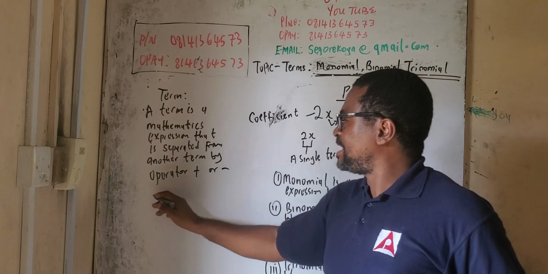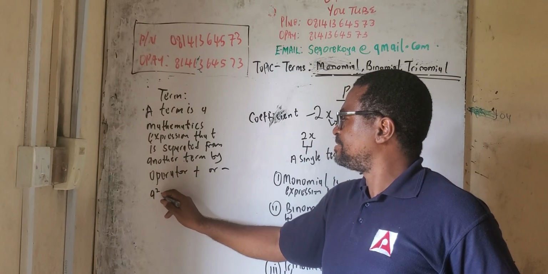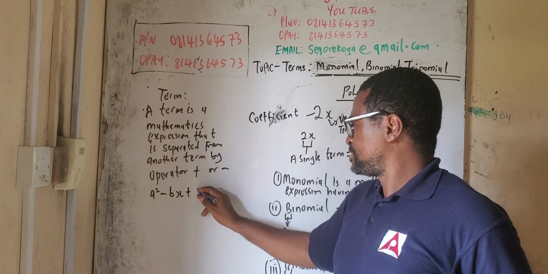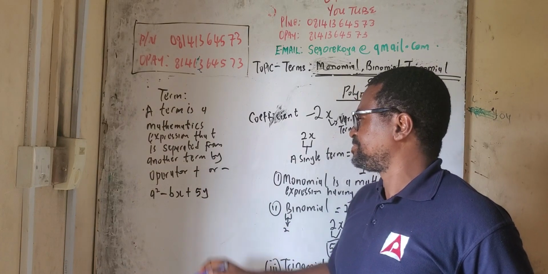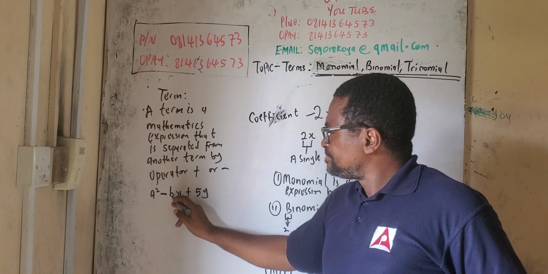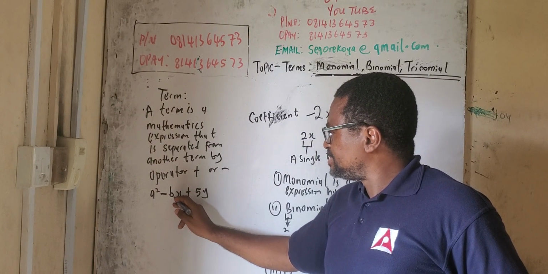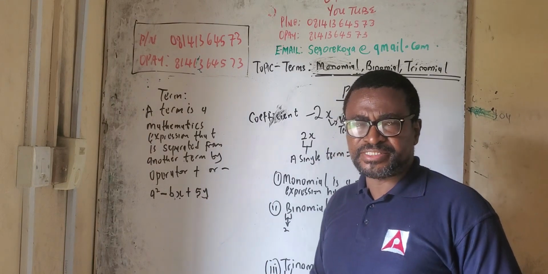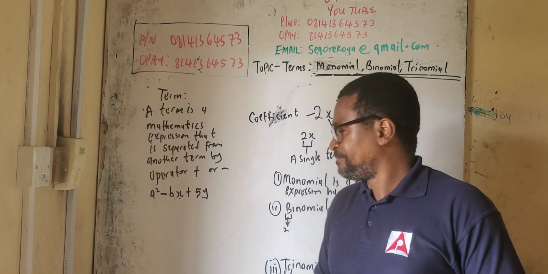Like for instance, let me say I have a squared minus bx plus, let's say, 5y. This operator separates this term from this term. This operator plus separates this term bx from term 5y. That's the idea of term.